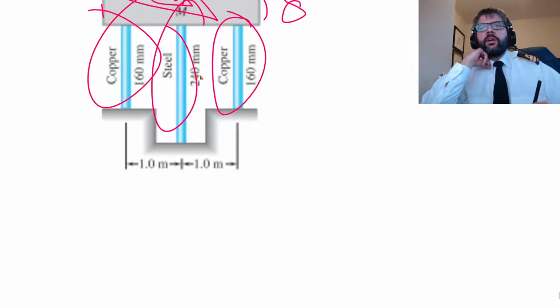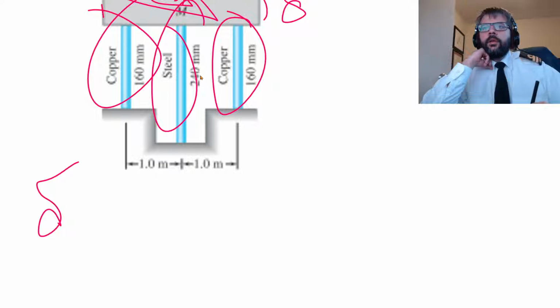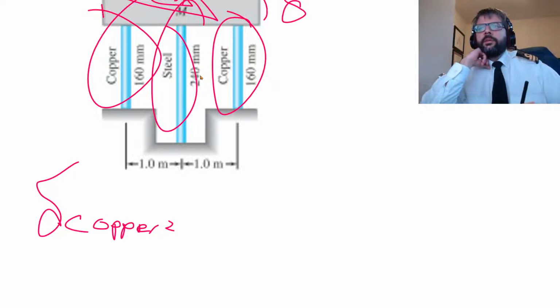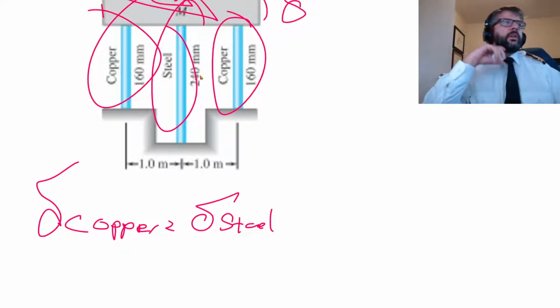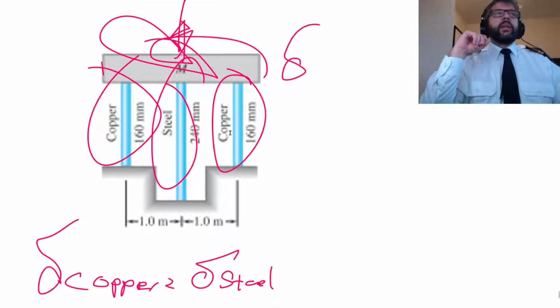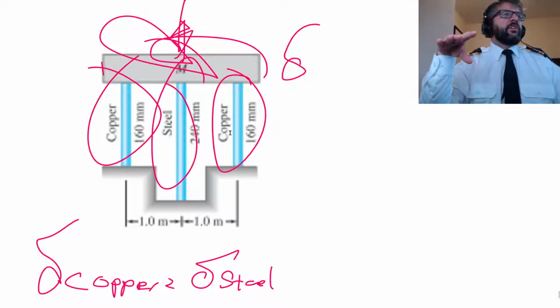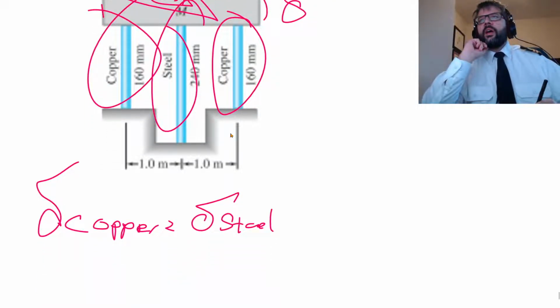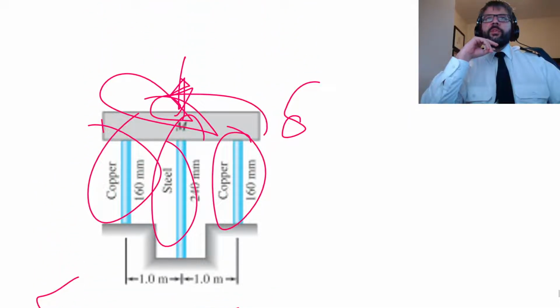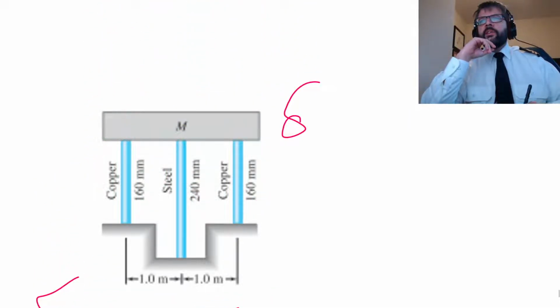So our compatibility condition: the displacement of the copper is equal to that of the steel. And that's our compatibility condition for the displacement, and then we have our condition for the force that's applied. Let's say it's pushing downwards.